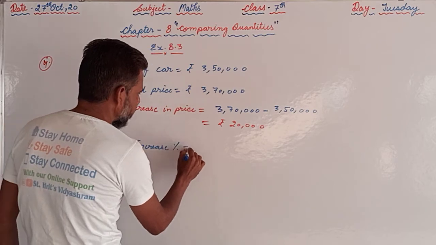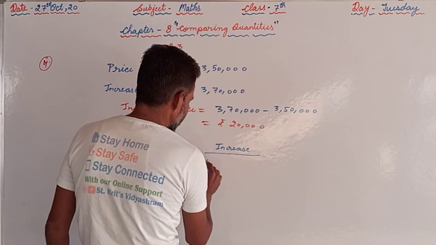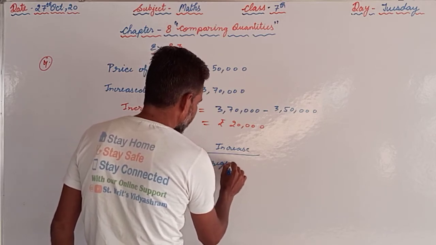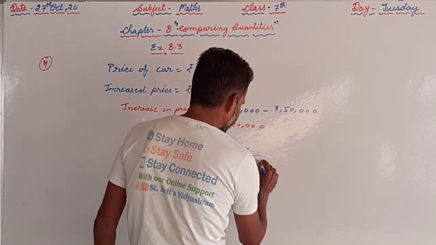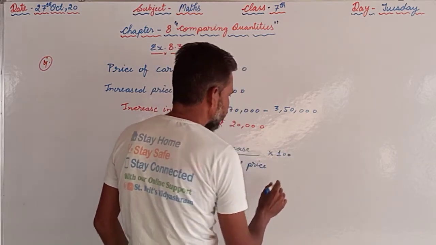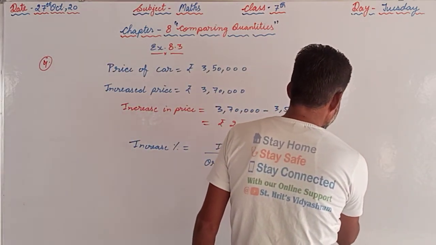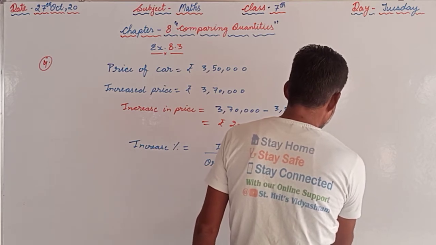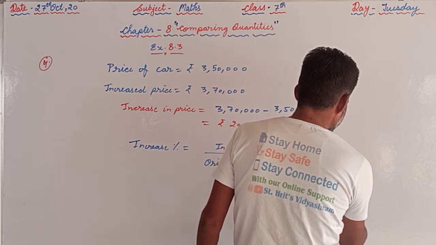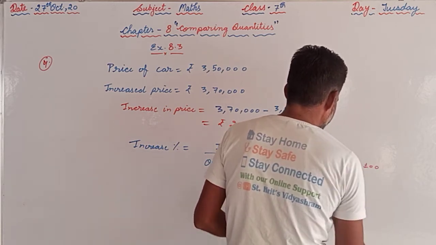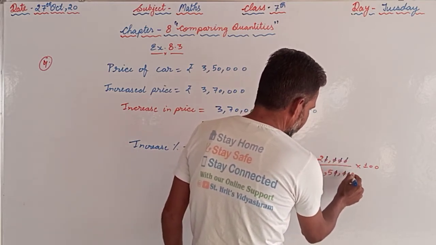Increase percent is equal to increase upon original price into 100, as we are supposed to calculate the percentage. So, increase is 20,000 and the original price was 3,50,000 and we are supposed to multiply by 100. So, how many zeros are there? 1, 2, 3, 4, 1, 2, 3, 4.